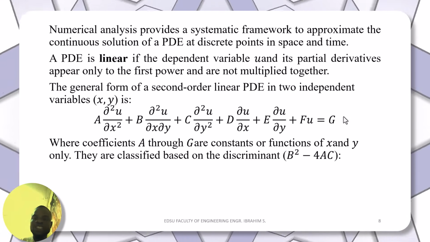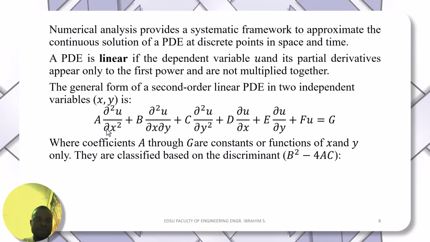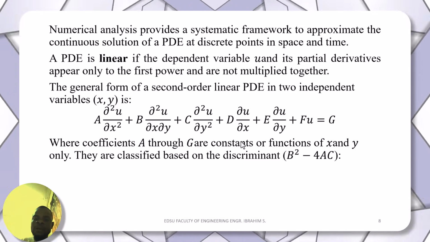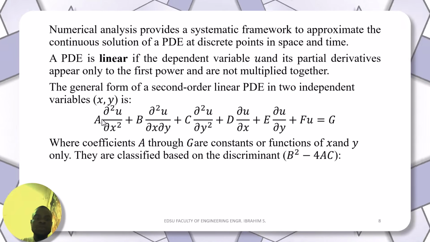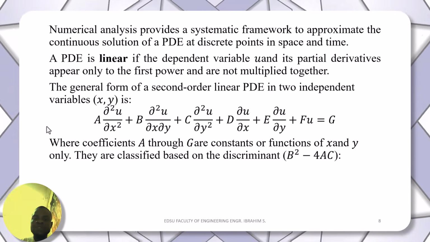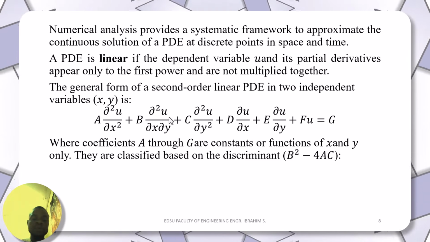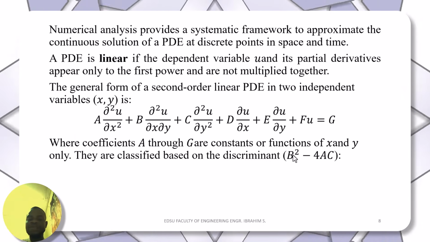But this one is a general formula for a linear PDE, where the coefficients a to g are constants or functions of x and y; they are not functions of u. Once they are functions of u, then that equation will not be linear. So they are classified based on what the discriminant is.